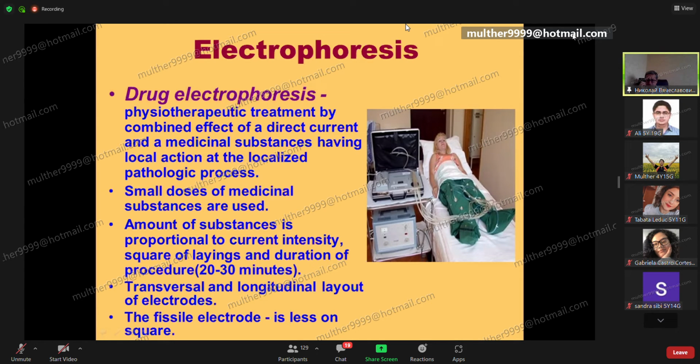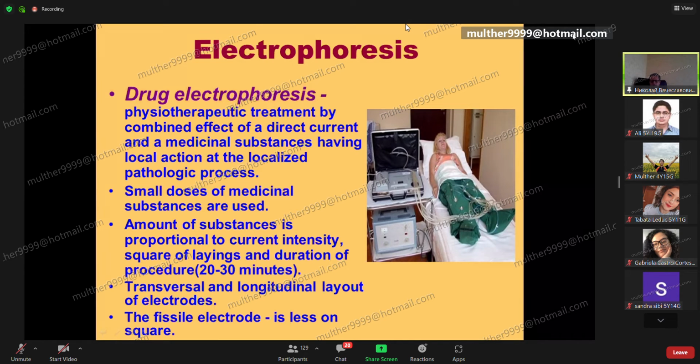Amount of substance is proportional to current intensity, square, length, and duration of procedure, which is usually around 20–30 minutes. We can apply transversal and longitudinal positions of electrodes. Longitudinal, both electrodes on one side of body, for example, along both sides of vertebral column.